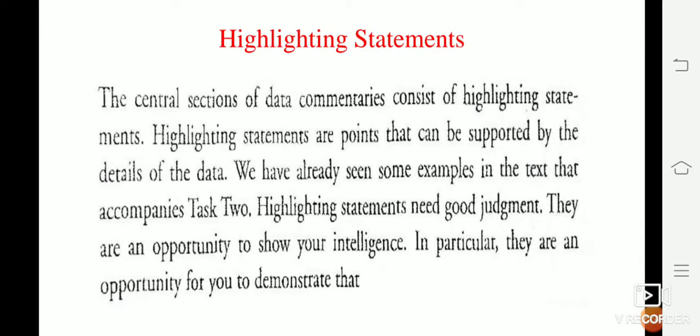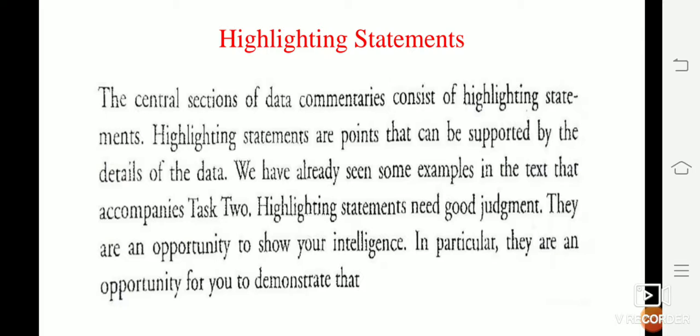Okay, look at highlighting statements. The central sections of data commentaries consist of highlighting statements. Highlighting statements are points that can be supported by the details of the data. We have already seen some examples in the text that accompanies task 2.